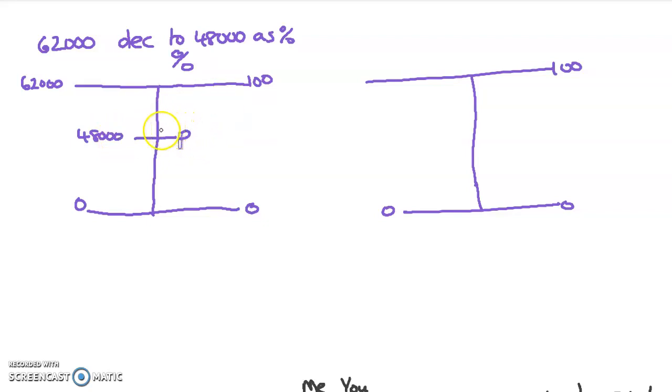So let's have a look. Left or right? Hopefully by now you see that it's the left-hand side because that's where I know both things. Where do I start? At the level of the 62,000 because that's where I know both things.